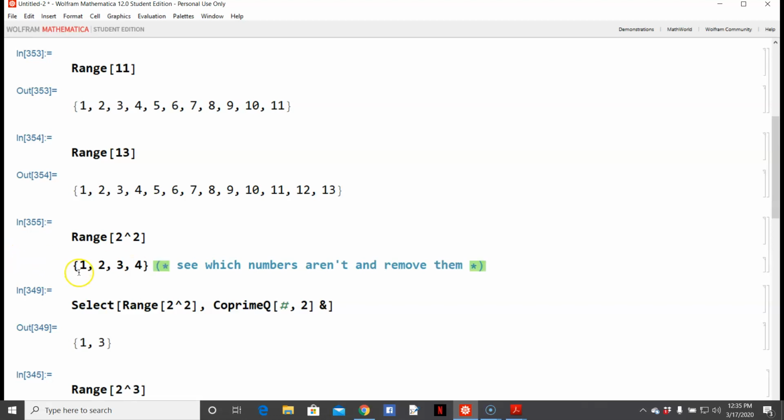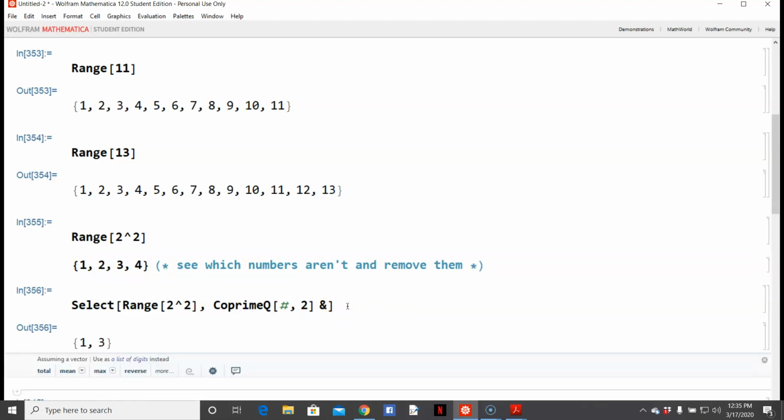Well, if I want something that isn't relatively prime to 4, it has to have a factor in common with 4. Well, factors of 4 are 2 and 4. So the numbers that aren't relatively prime are 2 and 4, which leaves 1 and 3 as the relatively prime values.